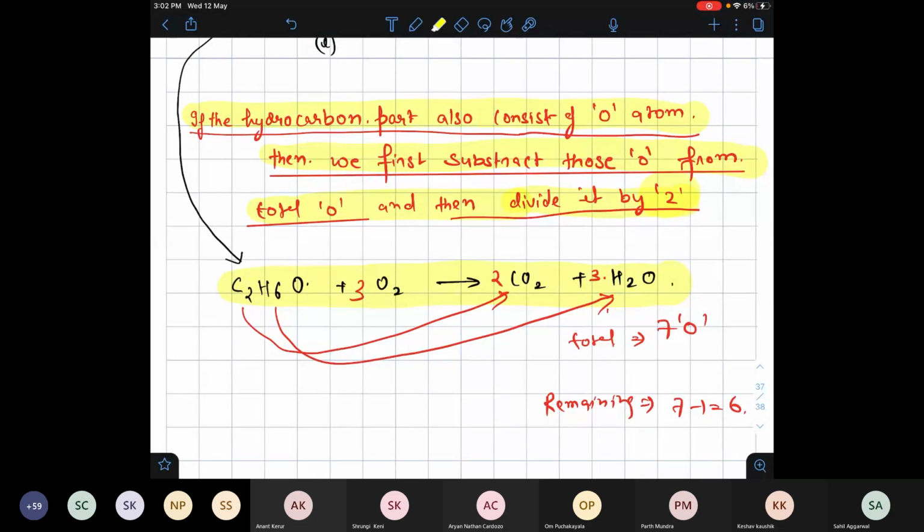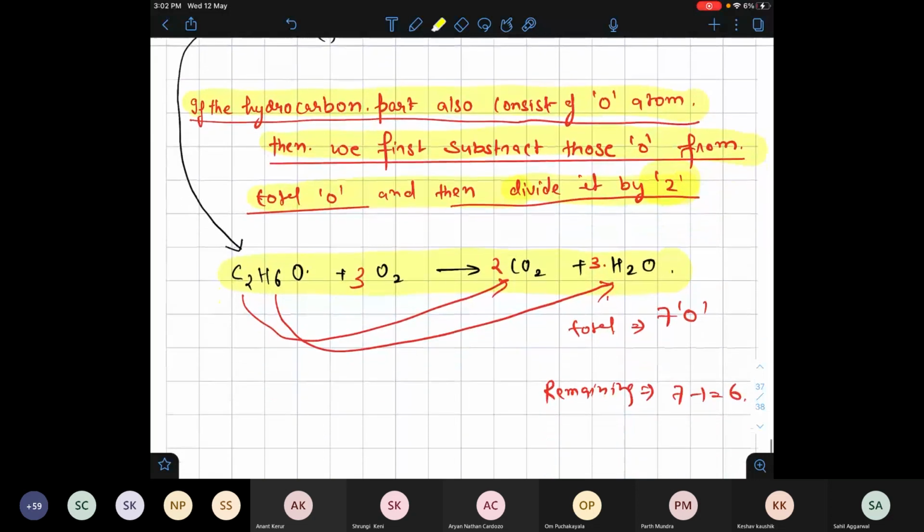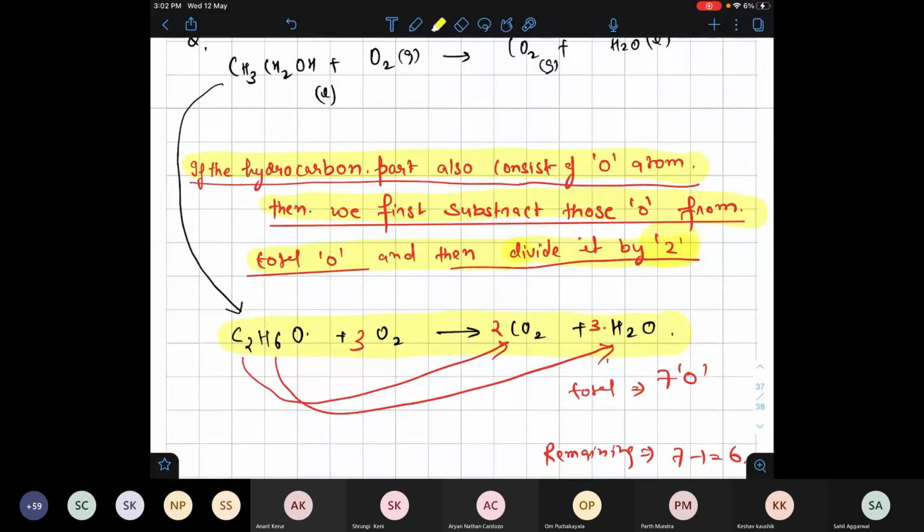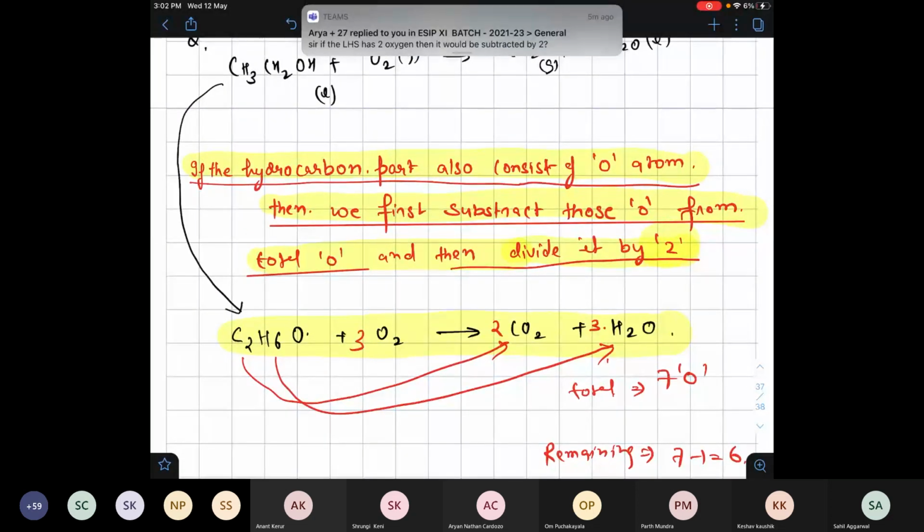Okay. Yes, Rudra, that is correct. Can I give you one more which has oxygen? Yes, subtract हमेशा उतने से ही करना. I am giving you that question only, Arya.